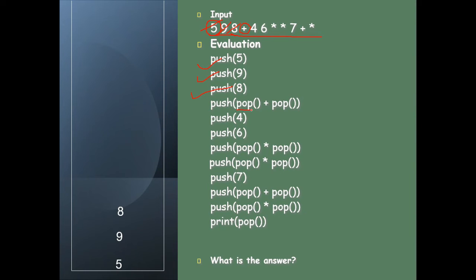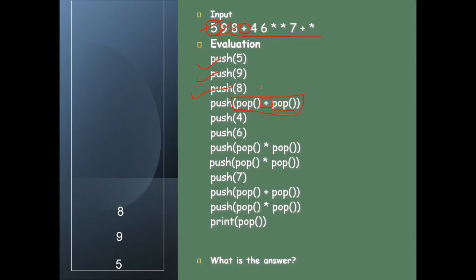So first pop operation and second pop operation, and whatever the result of the operation given there, which is plus, you are going to push again into the stack. So if I perform the pop operation, which value will I get first here?